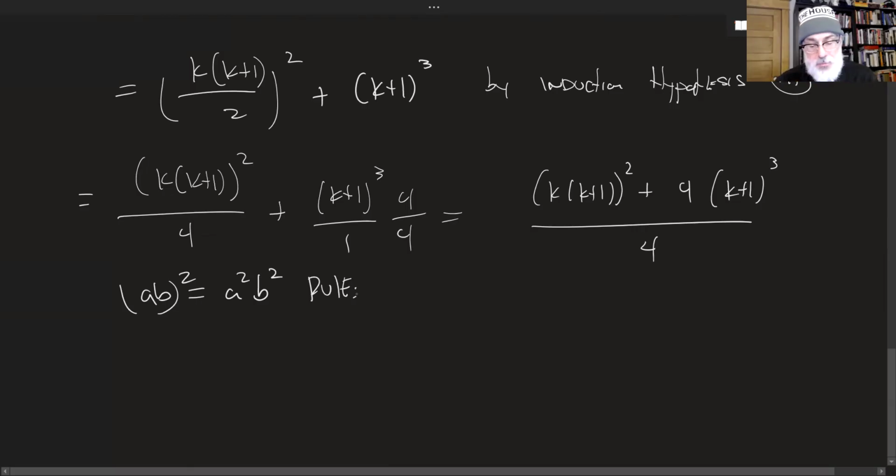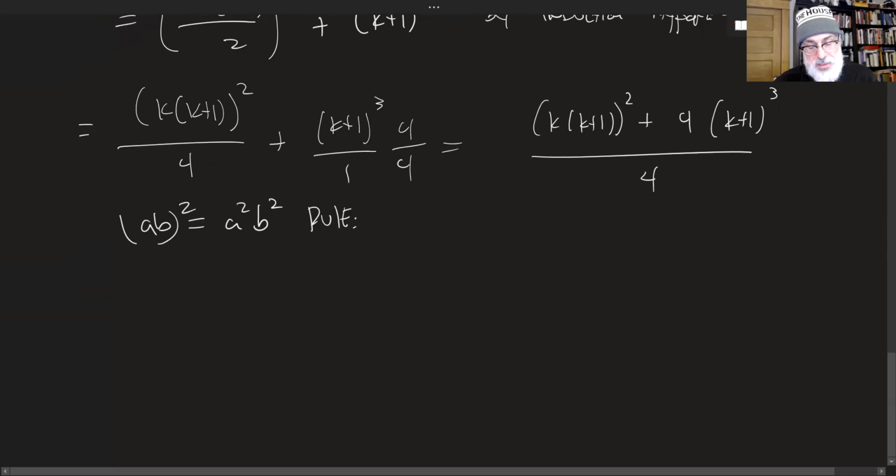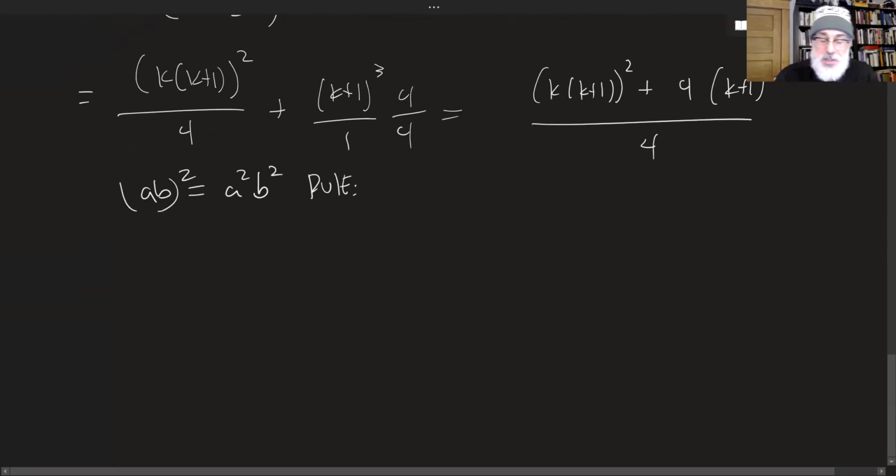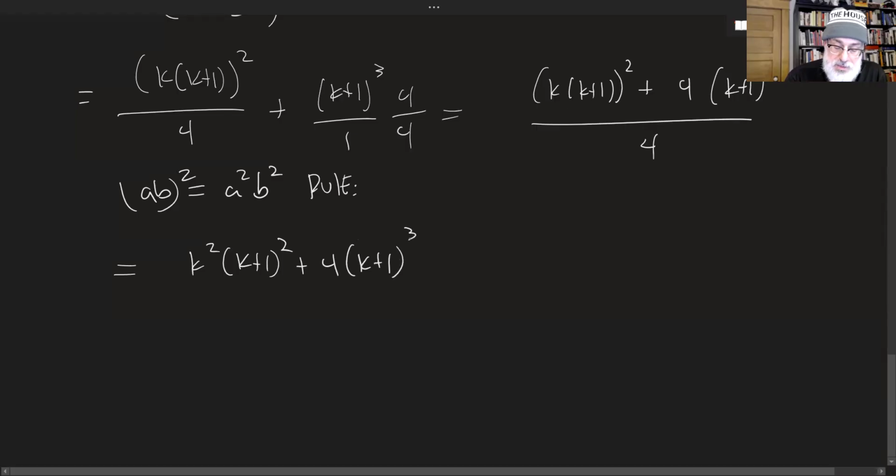If you need to review, my video goes over all the exponent rules, so check that out. So that means I'm going to use this rule and write the left-hand term as k squared times (k plus 1) squared. And then we're going to have this over 4.